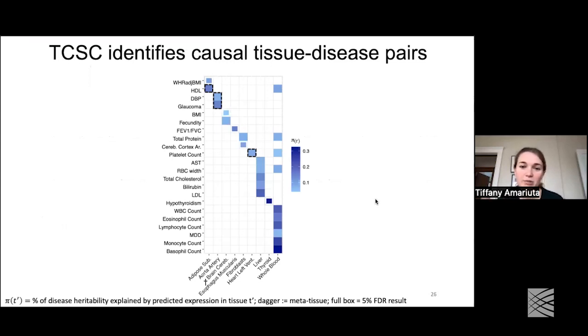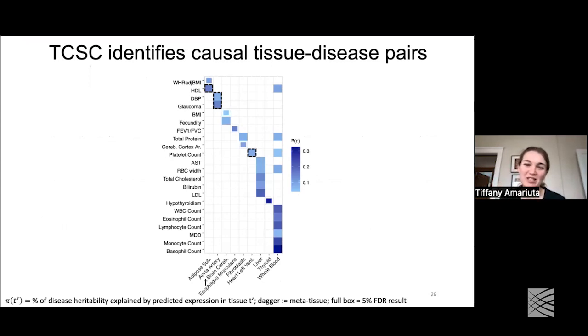Here's what a typical output of TCSC looks like. On the y-axis, I'm showing traits, and on the x-axis, I'm showing different tissues. The quantity shown here is the h²GET that I've been talking about in the past, divided by the common SNP heritability.